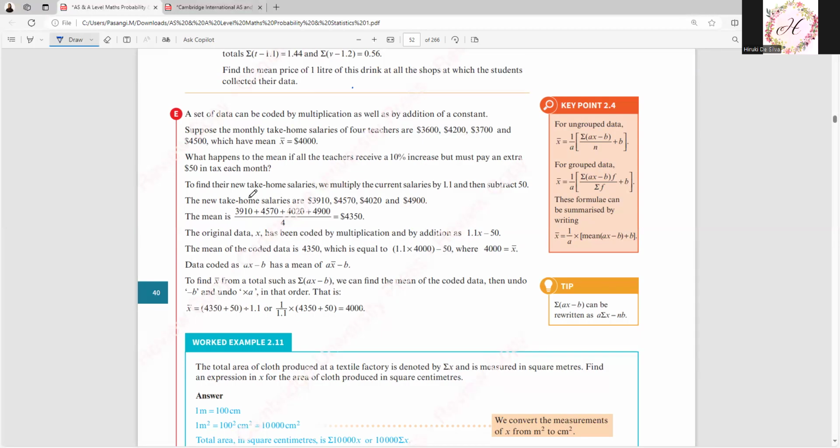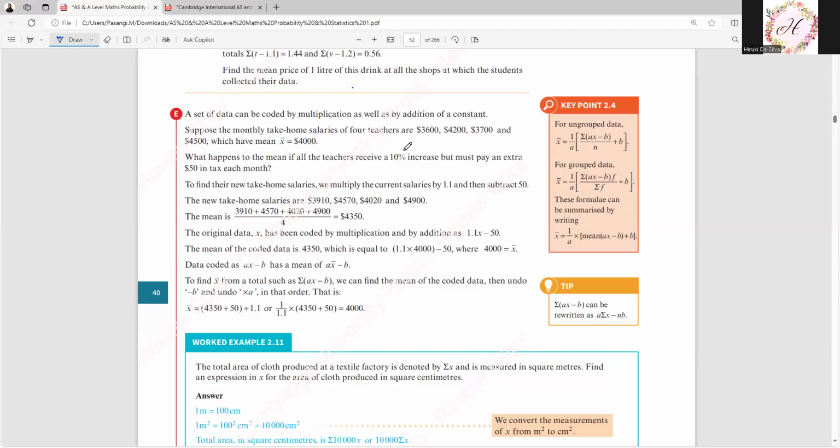Then what happens to the mean if all the teachers received a 10% increase but must pay an extra $50 in tax each month? So what do you think will happen? First we need to calculate 10% of 3,600, which is 360.